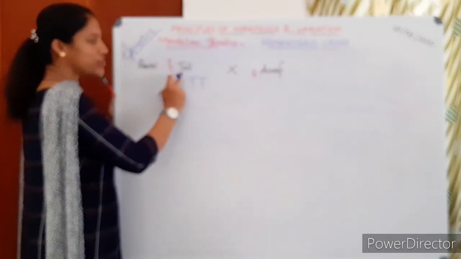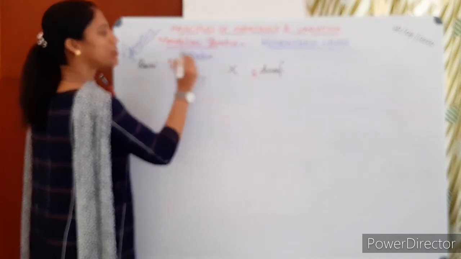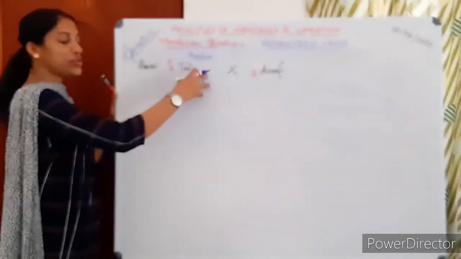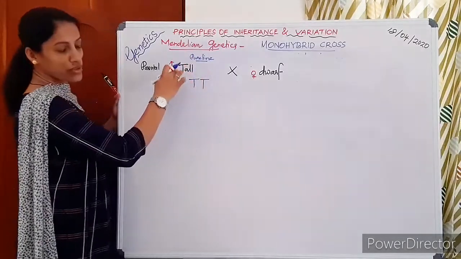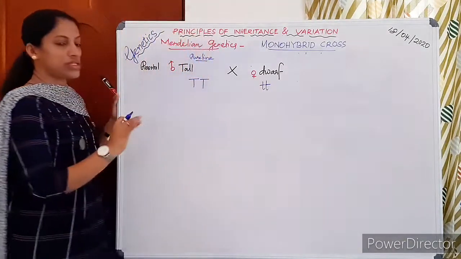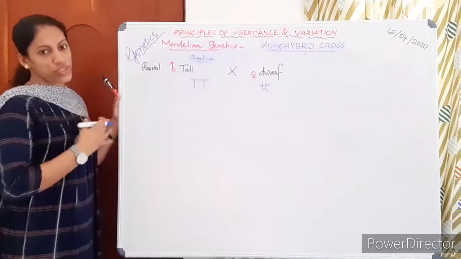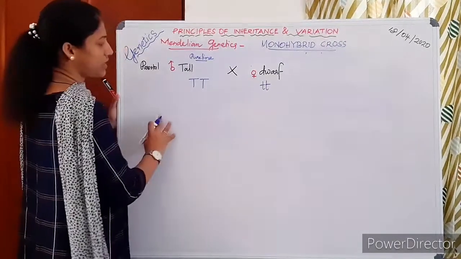Because Mendel produced all pure lines for his experiment. He was sure that this character is pure for tall. So he used the capital letter T for tall and small letter t for dwarf. Since they are pure, he used similar terms. We will discuss it, homozygous and heterozygous cases.